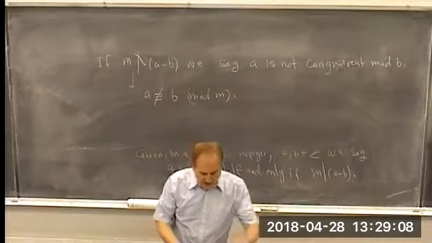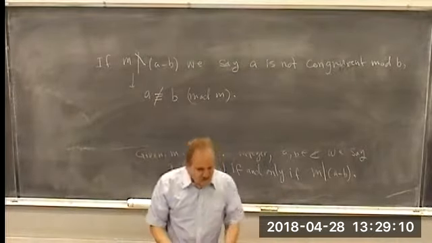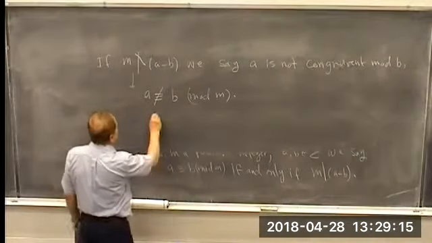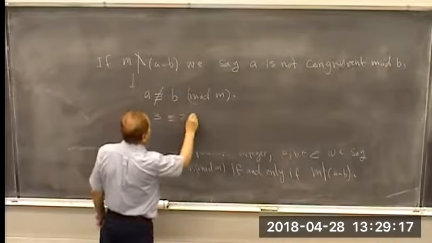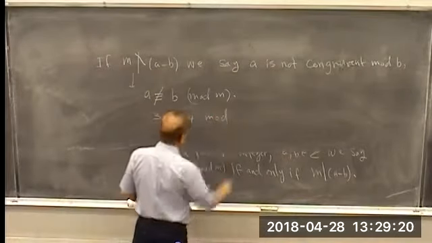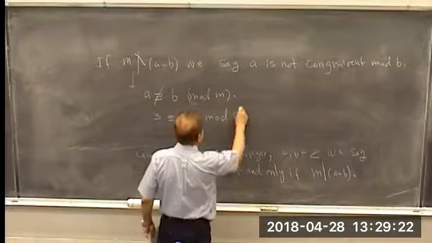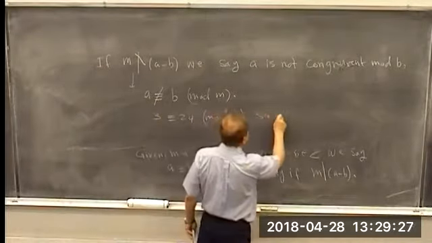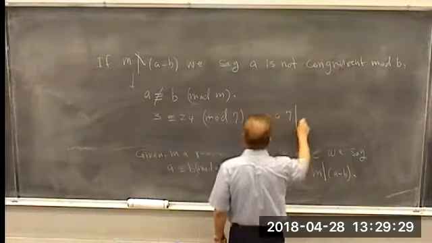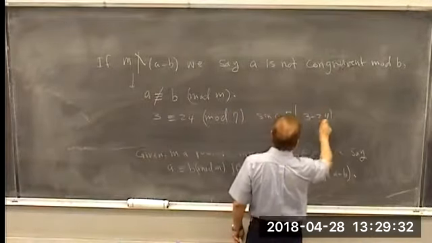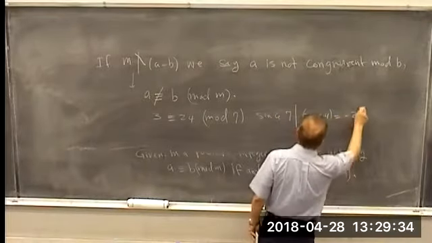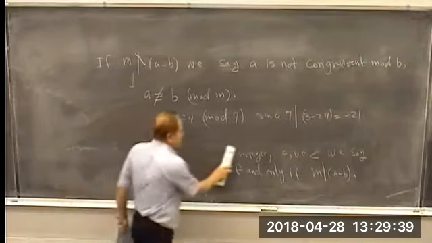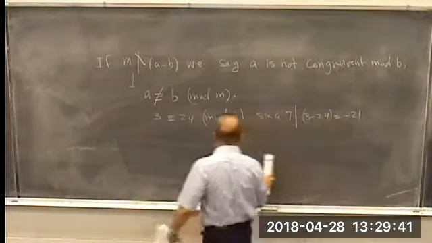All right, let's look at some examples. For example, we have that 3 is congruent with 24 mod 7, since 7 divides the difference between these, which is negative 21. We also have another example.